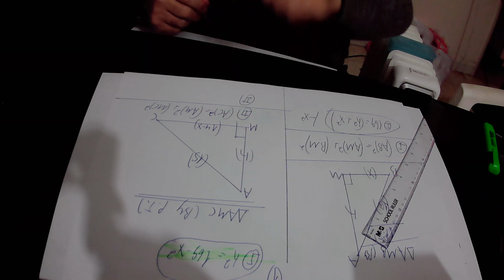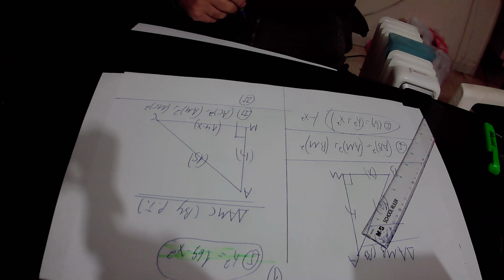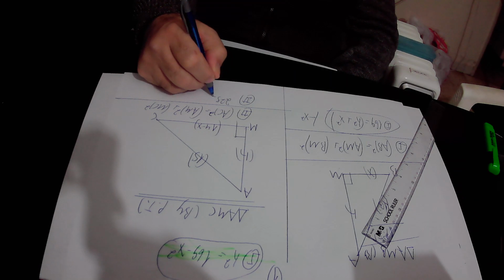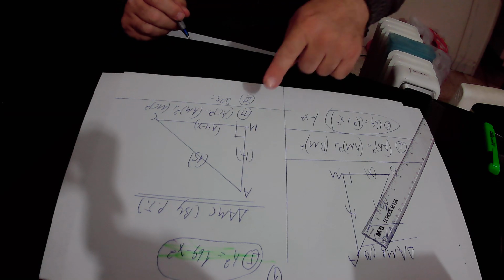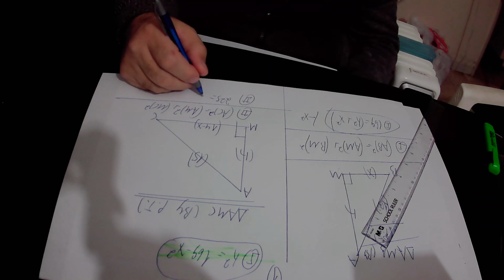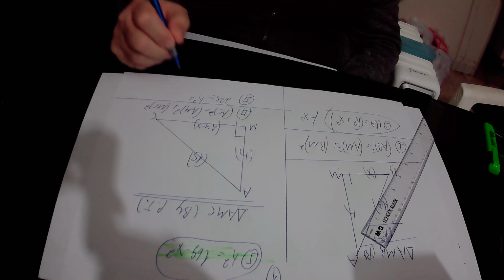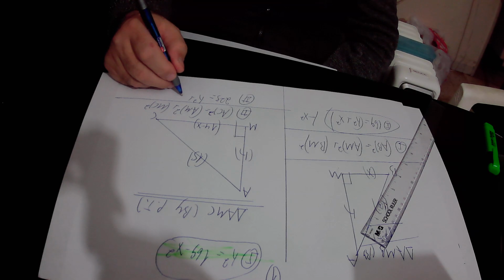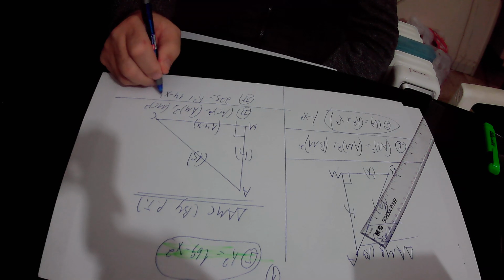AC is 15. Therefore, AC square is 15 square, that is 225, and it is equal to AM square. AM is H, therefore AM square is H square, plus MC square. MC is 14 minus X, therefore MC square is (14 minus X) square.